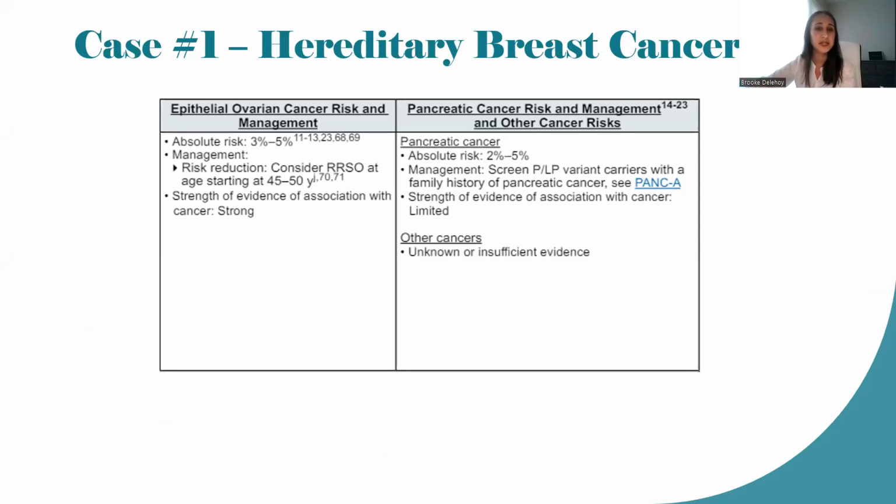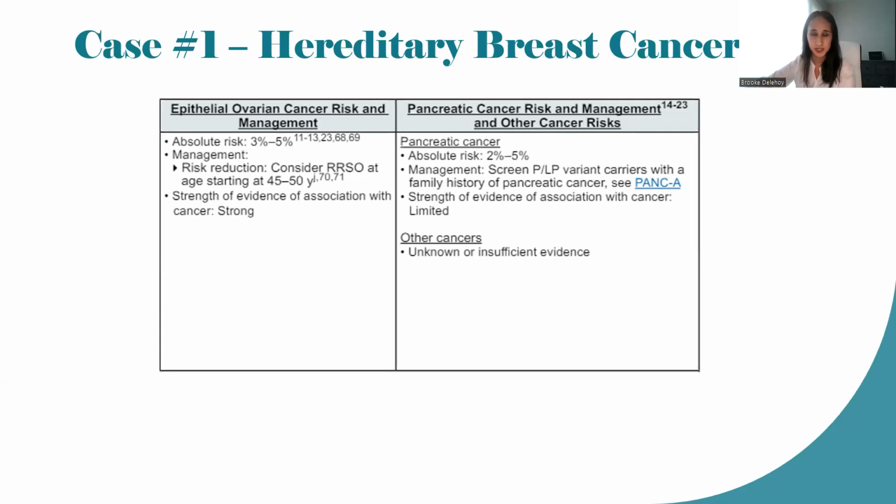And so for women identified to have a PALB2 mutation, we do often place referrals to gynecologic oncology in order to have more in-depth discussions about risk-reducing gynecologic surgeries, such as removal of the ovaries and the fallopian tubes. Now, the second square here, we see pancreatic cancer risk and management.